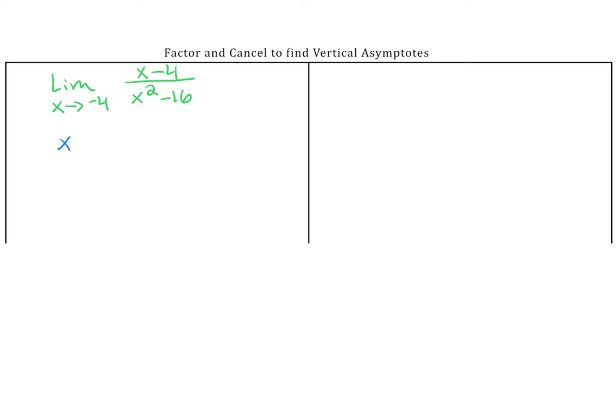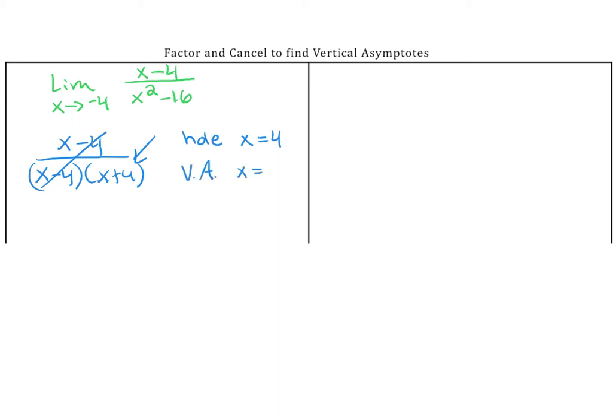I will have x minus 4 over x minus 4 times x plus 4. The x minus 4 cancels, so remember that would be a hole at x equals 4. And because this is left over in the denominator, there's a vertical asymptote at x equals negative 4.